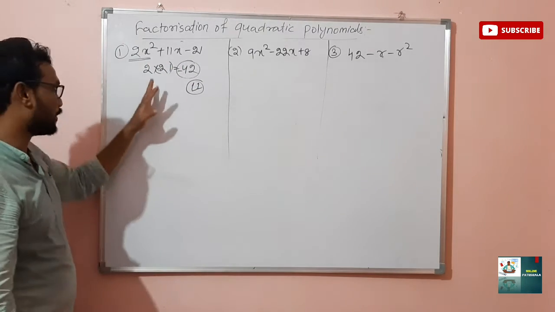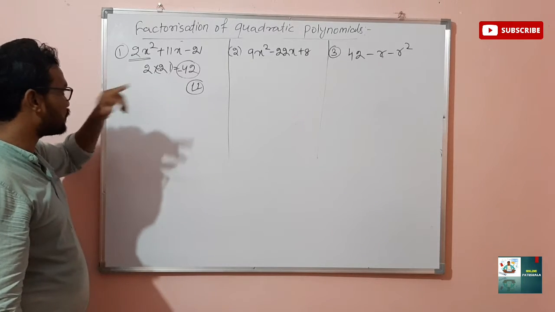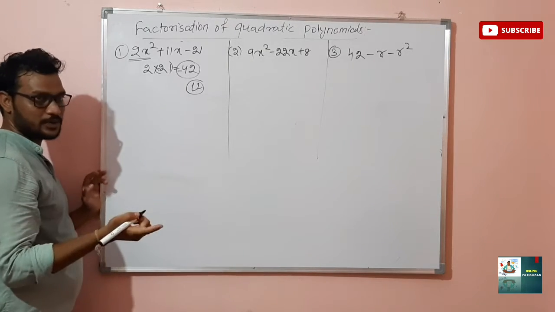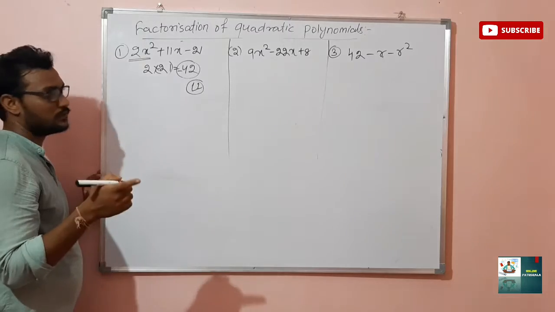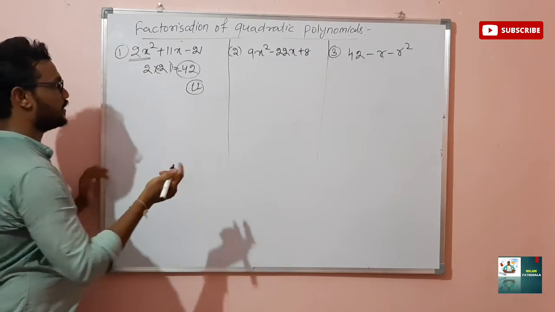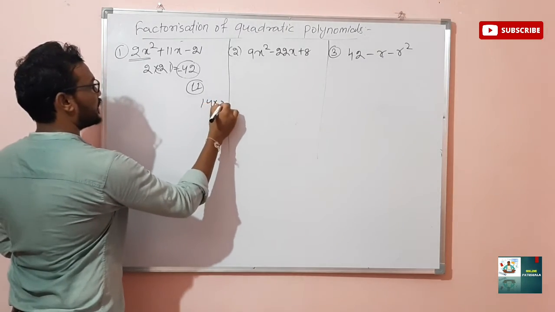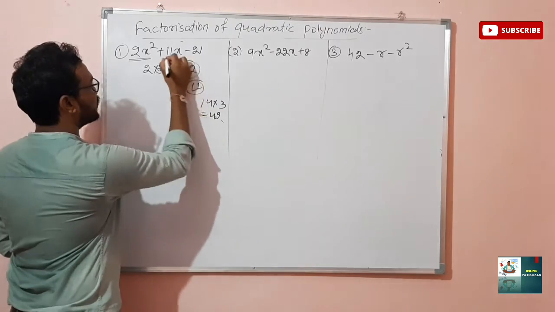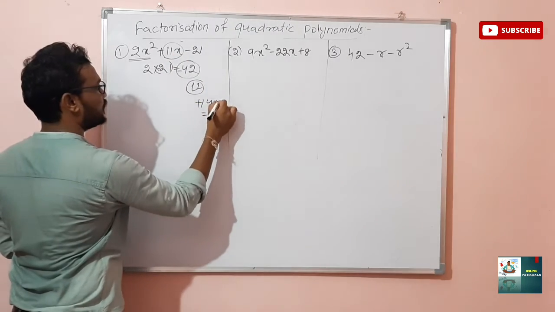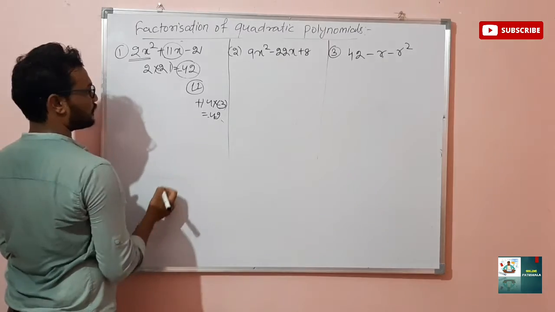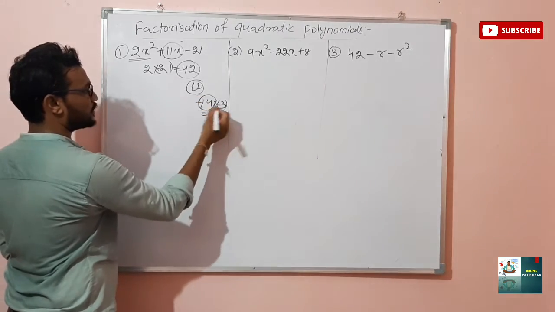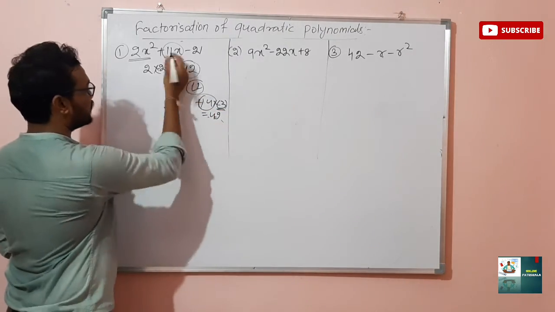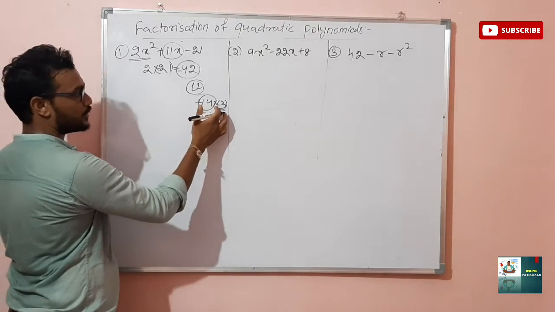So what are the factors of 42? 7 and 6 are factors, but 7 plus 6 cannot give 11. 14 into 3 gives 42, but here plus 11 is needed, so 14 will be plus and 3 will be minus. So we have got our numbers, that is plus 14 and minus 3.